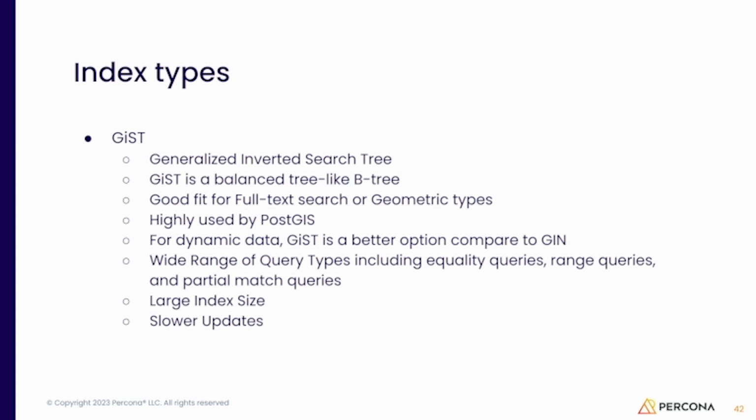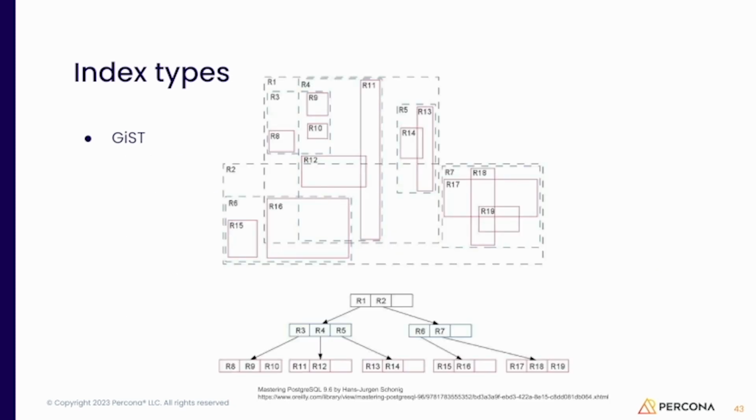And the last one I want to talk about today is the generalized inverted search tree. It's an index that really fits well for dynamic data that works in blocks, especially for geographical data and polygonal data. So how does it work?